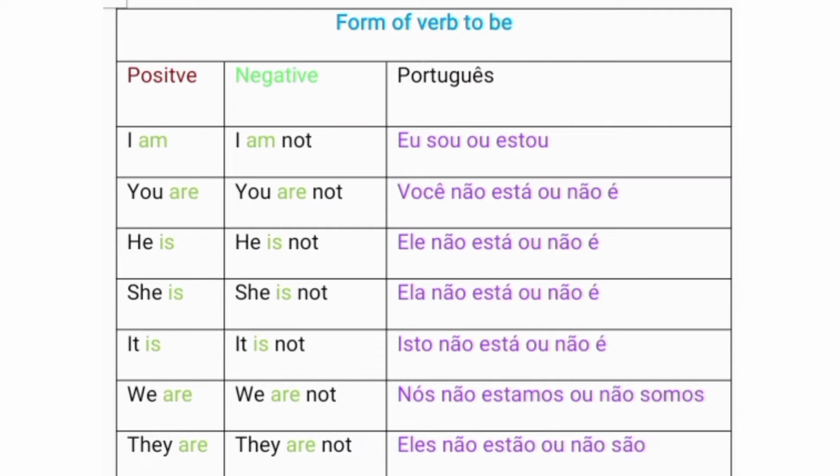She is not. Ela não está ou não é. It is not, it's not. Isto não está ou não é. We are not. Nós não estamos ou não somos. They are not. Eles não estão ou não são.